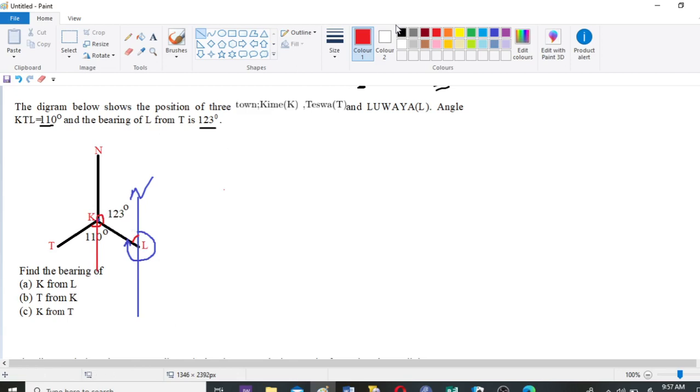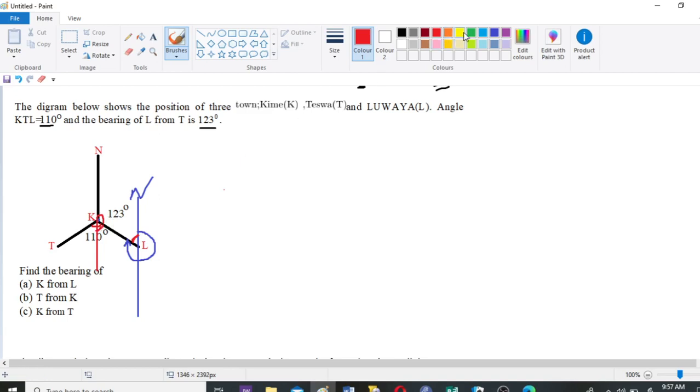Then you need to remember that this line and this one we are looking for, if we extend the north line, are alternate interior angles.